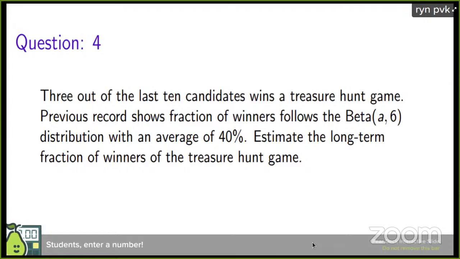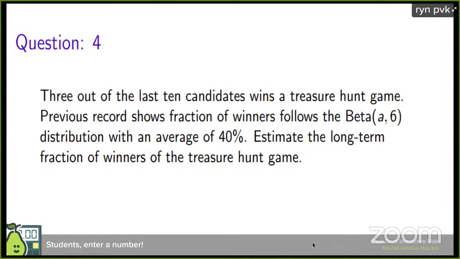Now I know that the fraction of winners follows a beta distribution with an average of 40%. Here the beta distribution mean is given, 40%, the expected value.